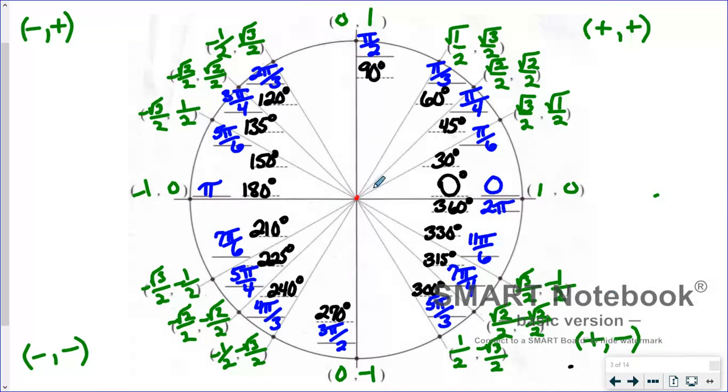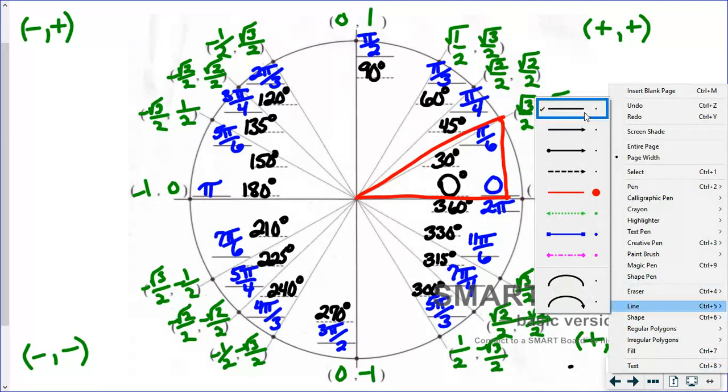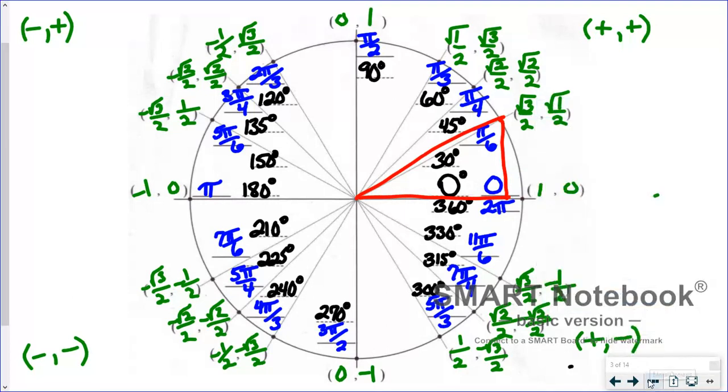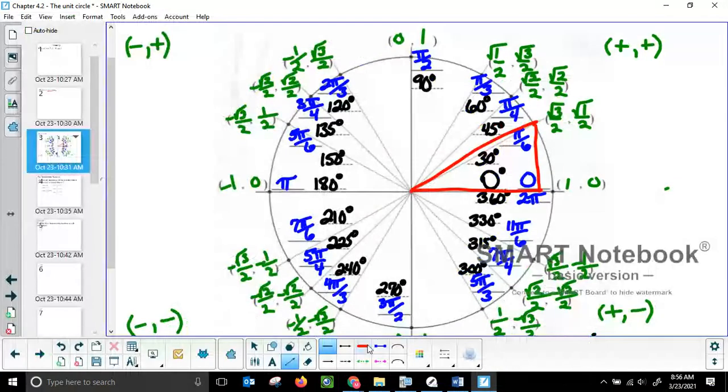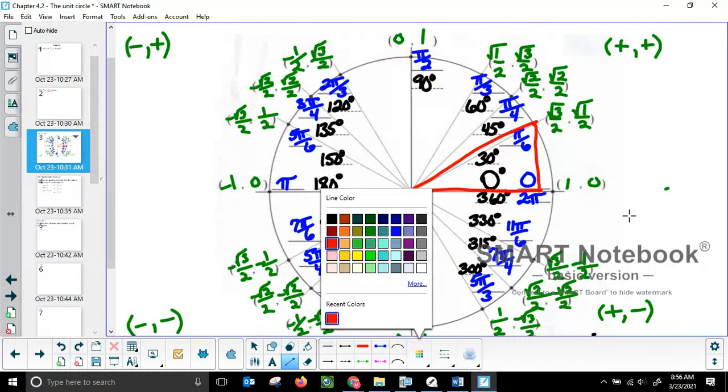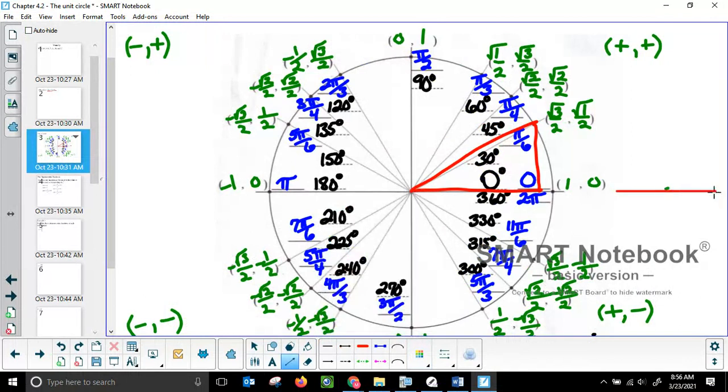So if we think from here to here, and then drop a perpendicular down to the x-axis, if we think of this triangle right here, okay, so if I just move this triangle out here, just so that I don't have to mess all of this up.